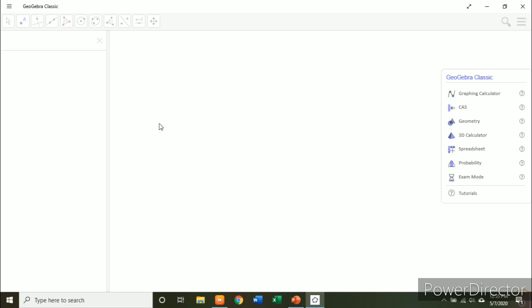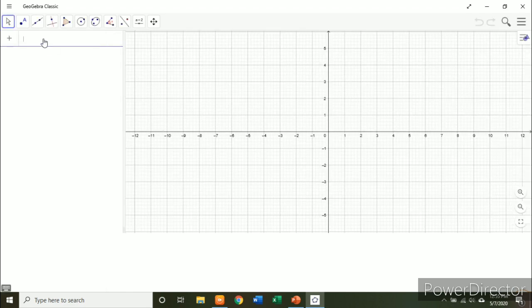Again take a graph paper and plot the points. For the first equation, plot the 4 points. First 0, 6, and this is the point here. Second point 1, 5.